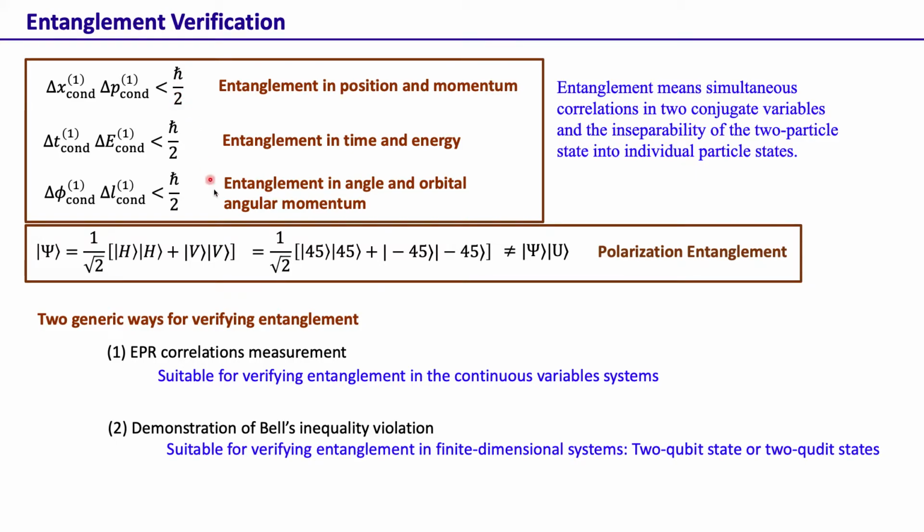Similarly, in the Bell inequality violation, if the S value is much larger than 2, there is a sense in which we can say there is more entanglement when there is a larger violation. But this is only in a qualitative sense, not a quantitative value for how much entanglement there is. That's a very separate discussion, and we'll have a separate lecture on how entanglement is quantified. So today we are just going to do entanglement verification.